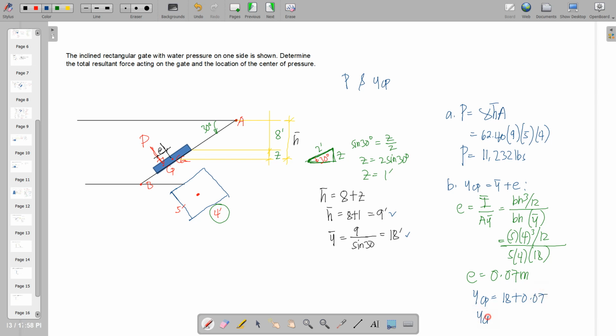Therefore, YCP is 18.07 feet. So, by the way, this is feet. So therefore, we can say that the center of pressure is 18.07 from point A as labeled here. Okay, so that's it for this problem.